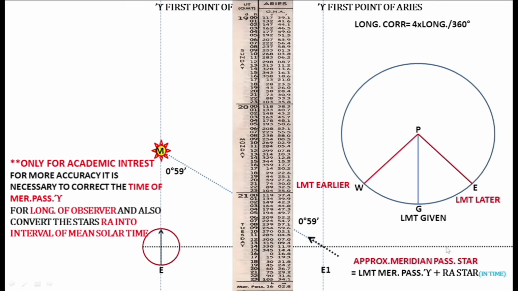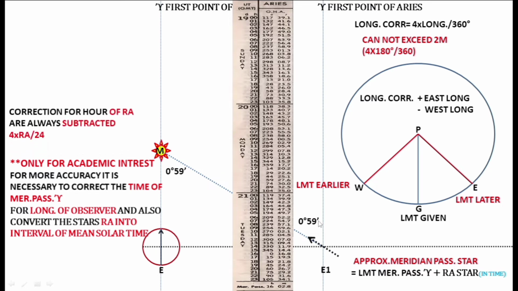And if you look at it, the longitude correction will never be more than 2 minutes, so it is basically negligible, because your maximum longitude is 180 times 4 over 360. You can have a maximum of 2 minutes. It's negligible. That's why I said this is just for your academic interest. Now, if you are on east longitude, you'll be adding it, because your time is going to be later, and for west, you'll have to subtract it because the time is earlier. And then, of course, we did not bother about the difference between the sidereal day and the mean solar day.